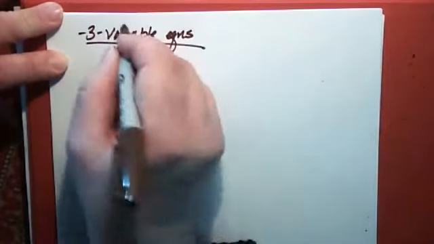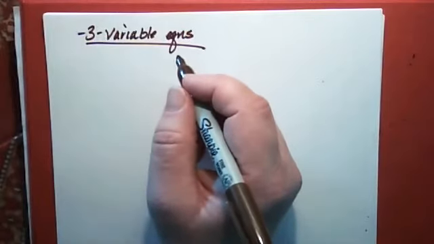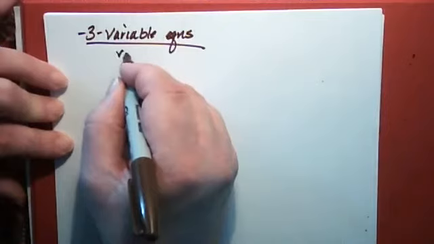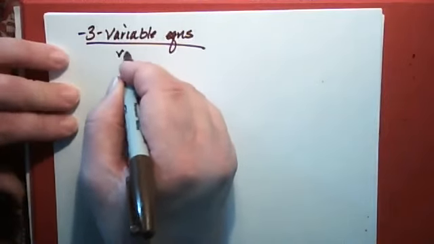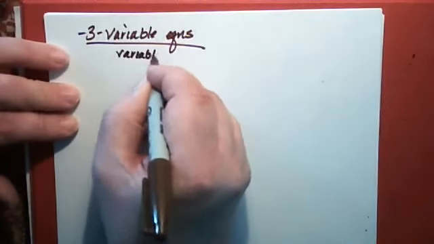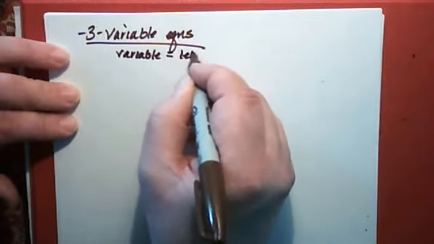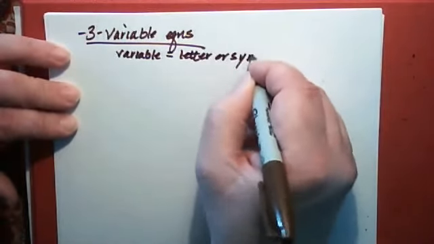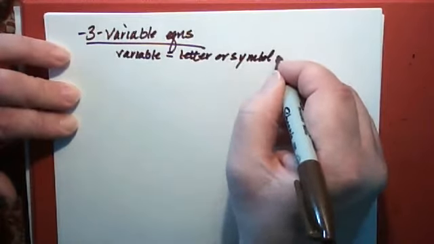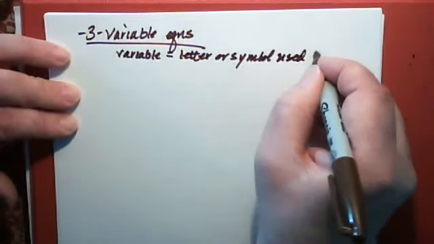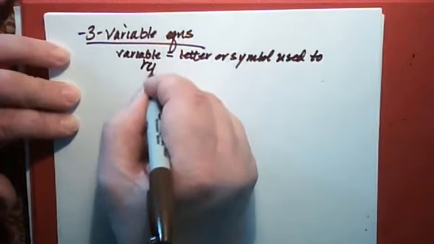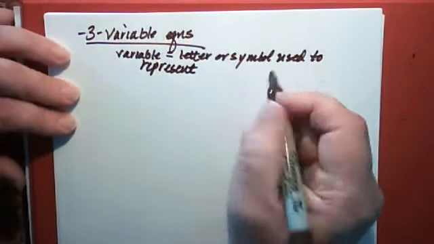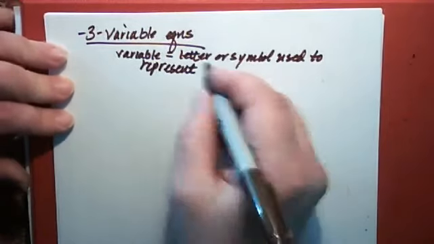So for 3 variable equations, first of all, what is a variable? Variable: it's a letter or a symbol that represents a physical quantity in an equation.